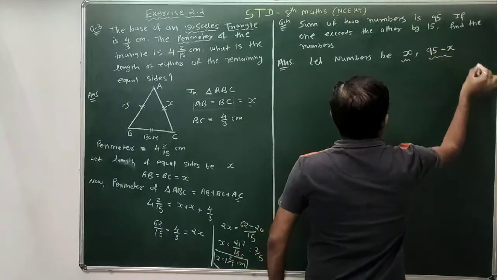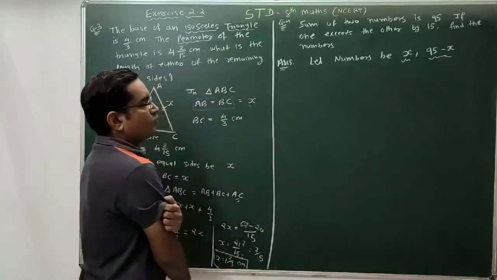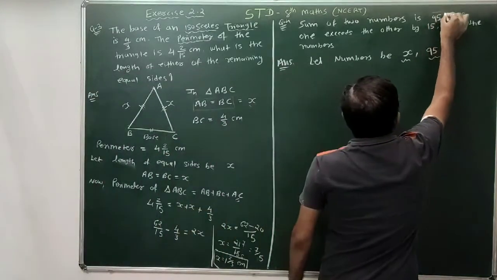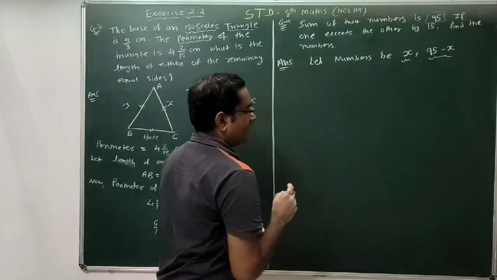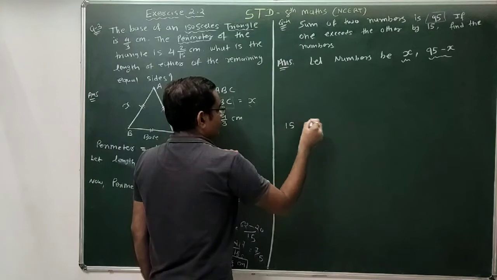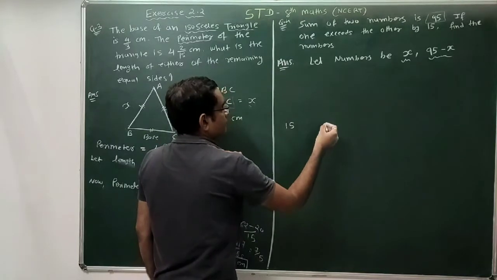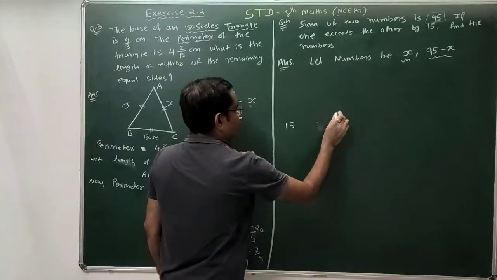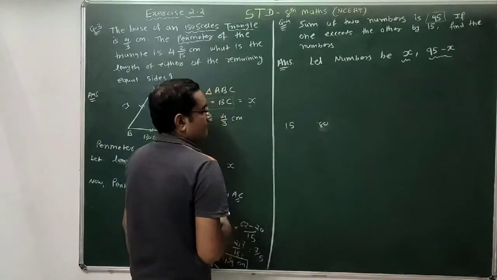Now where is this from? So what we are given? We are given that sum of two numbers is 95. That means if one number is suppose 50, so another number will be 95 minus 50, it's 75. Sorry, it may be 80. Done.